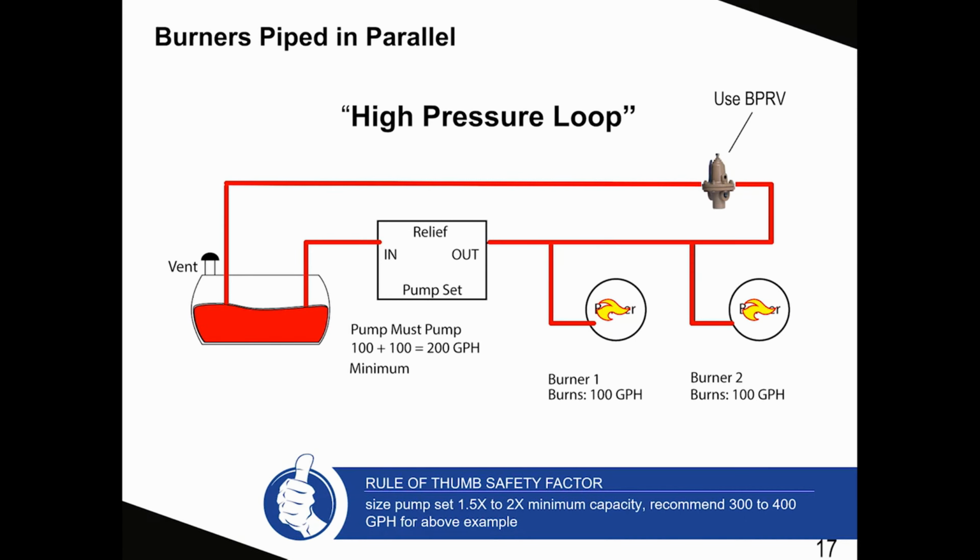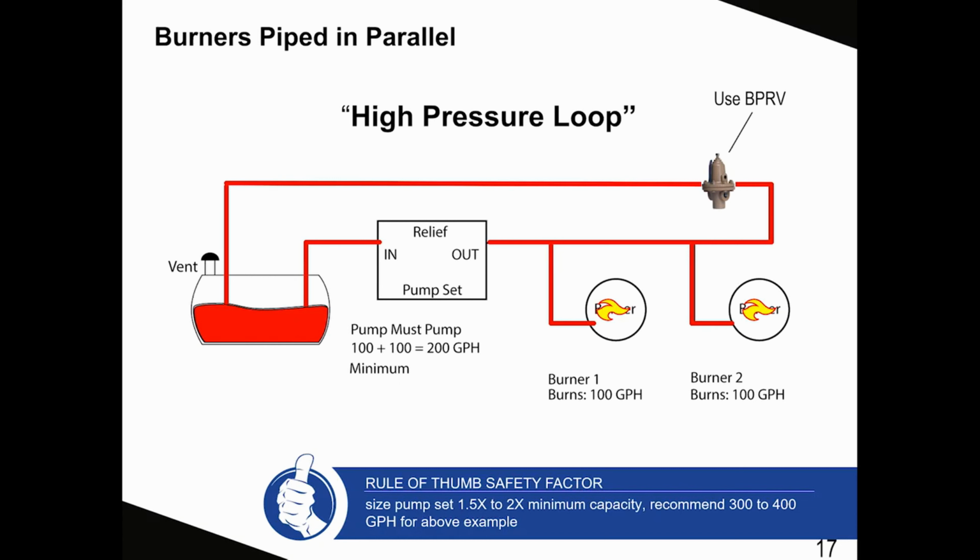You just need to look at the burn rate. So you've got your 100 gallons an hour plus burner number 2 at 100 gallons an hour for a total of 200. Then you use your multiplier, a safety factor of 1.5 to 2, to come up with a recommended 300 to 400 gallons an hour for this example.